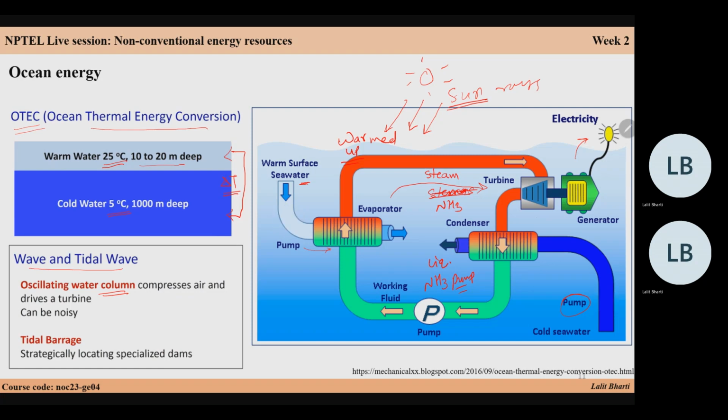They use the tides, and when the sea level increases at high tide, they store some water, and during the low tide, they use that water at a higher altitude to drive some turbines. So these are mechanical types of energy conversion, and the first one is the ocean thermal type of energy production.